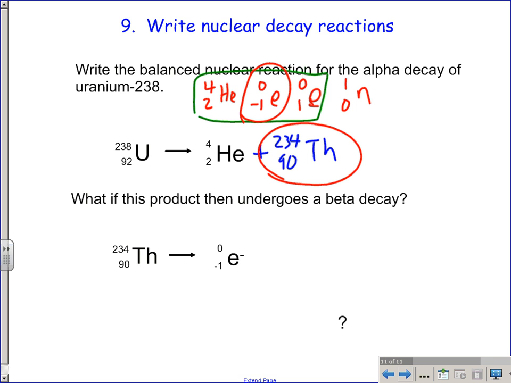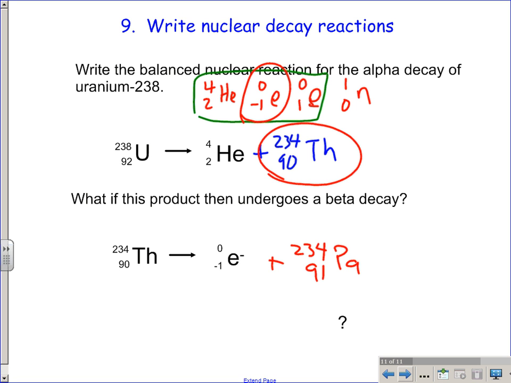And the question is, what am I missing? Well, remember, on top has to equal, so that's got to be 234. On bottom, -1 plus what equals 90? Well, that would be 91. Same thing, look on your periodic table. If you look up 91, that's Pa. So remember, you can undergo subsequent reactions. So first it underwent an alpha, and then that underwent a beta.